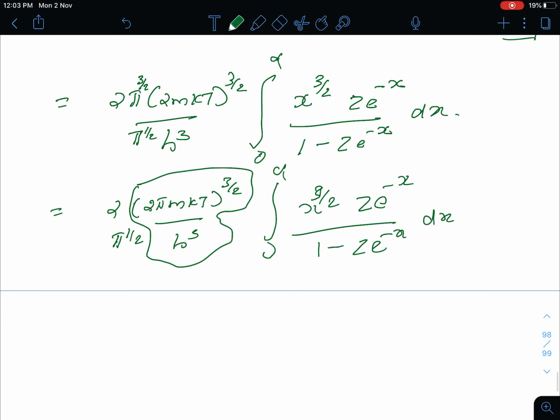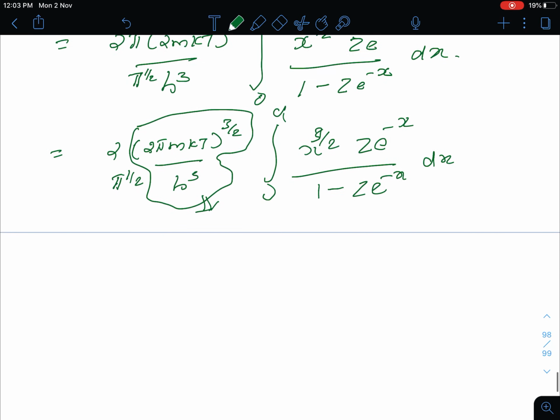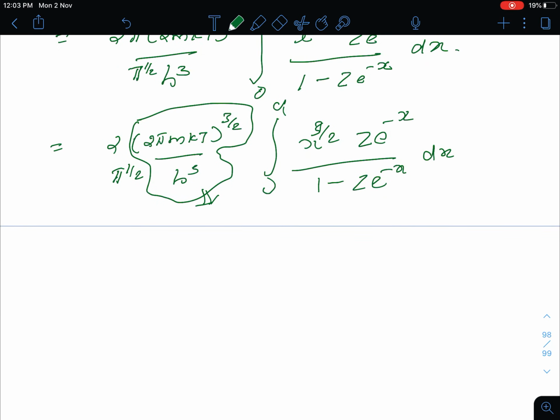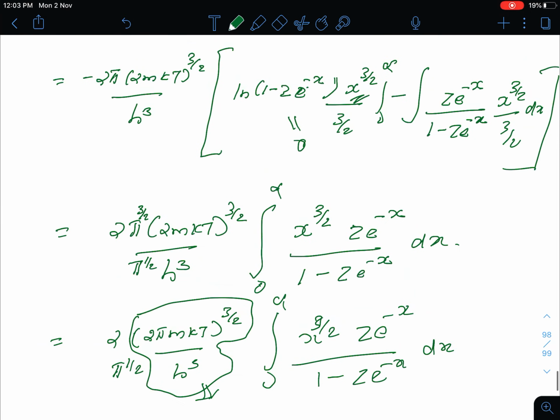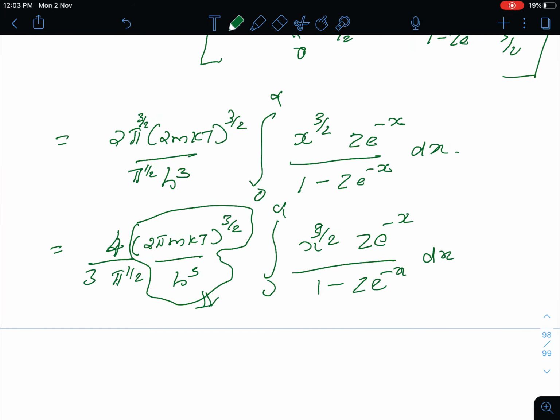This quantity is simply 1 by lambda cube, alright, 1 by lambda cube. So, oh, I think I made a mistake. Oh, you have a 3 by 2 here, which I missed. I'm sorry for that. So 3 by 4, 4 by 3. Sorry, you have a 3 by 2 here. I missed it. I'm really sorry.